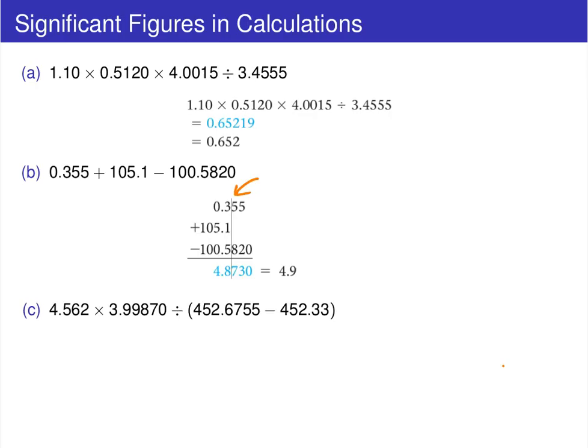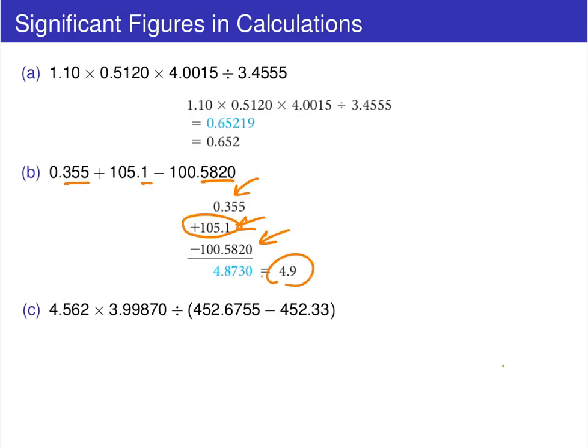So we're going to look at each one of these terms, and we are going to report a final answer that has the number of decimal places equal to the factor with the fewest decimal places. So we have 3 decimal places in the first, 1 in the second, 4 in the third, and so our final answer is going to be limited to this guy, which only has 1 decimal place.